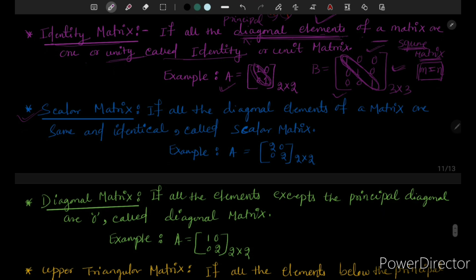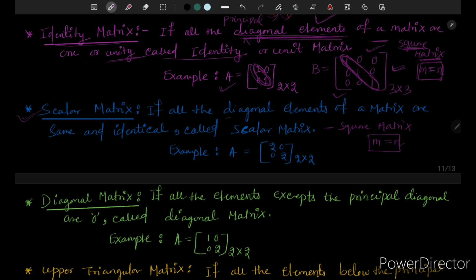So next, come to scalar matrix. Scalar matrix is also a type of square matrix, because here the number of rows always equals the number of columns. Now what is a scalar matrix?